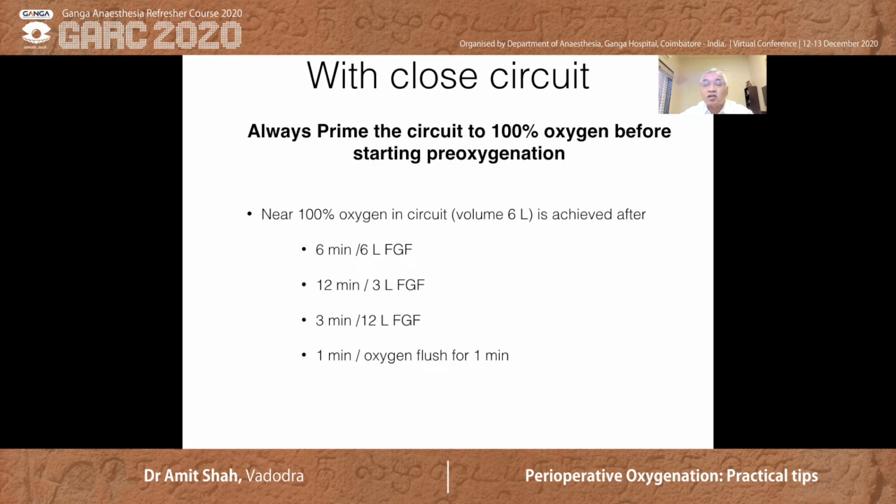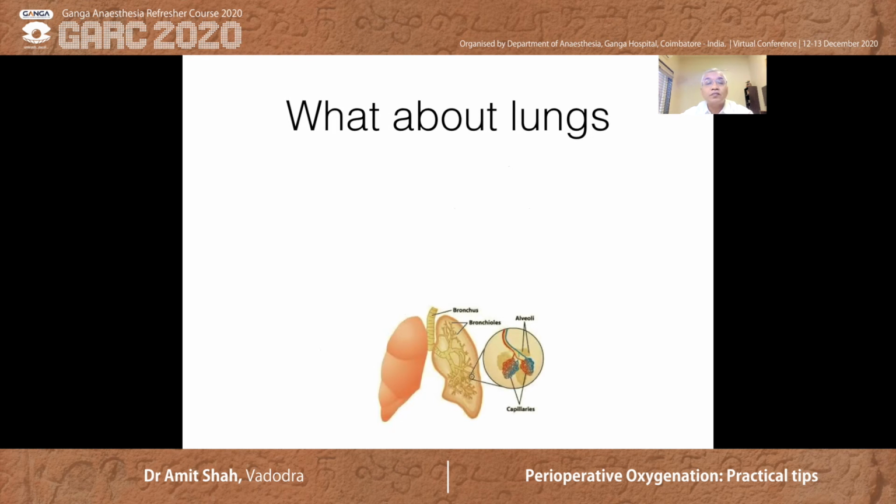And the most rapid method to prime your circuit with 100% oxygen is to use oxygen flush for 1 minute. Now, what we are right now discussing is to achieve 100% oxygen within the circuit. But our goal is to achieve more than 90% oxygen in the lung or the alveoli.